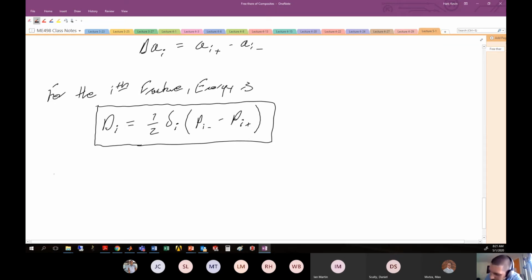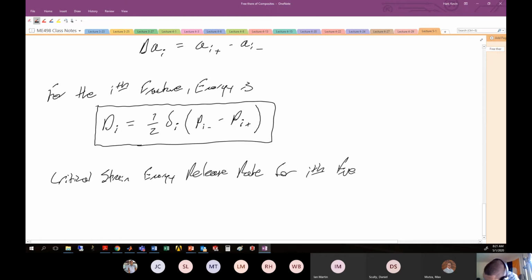That means the critical strain energy release rate for the ith event is this: Gci is going to be Di over delta Ai times B. Remember, B is the width of the sample into the page.